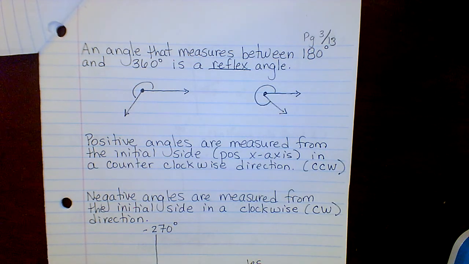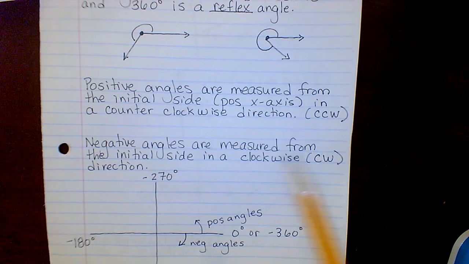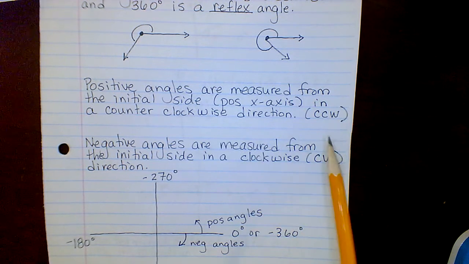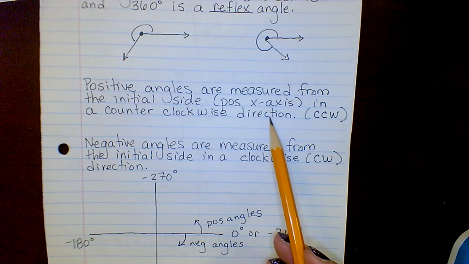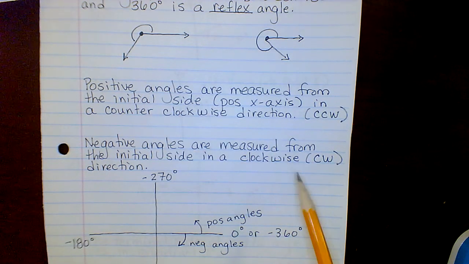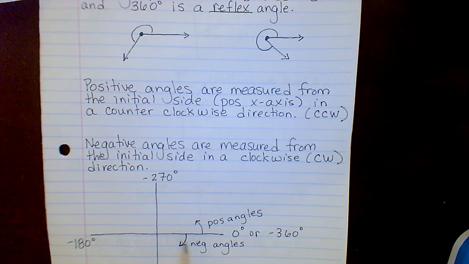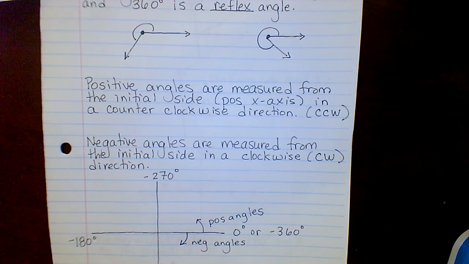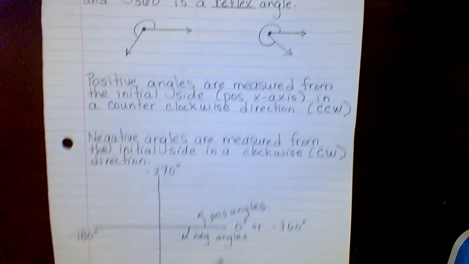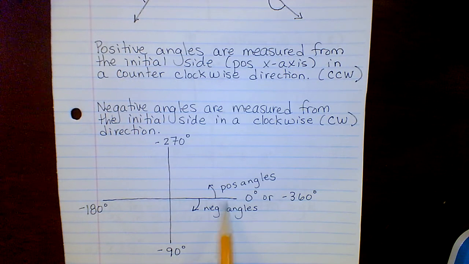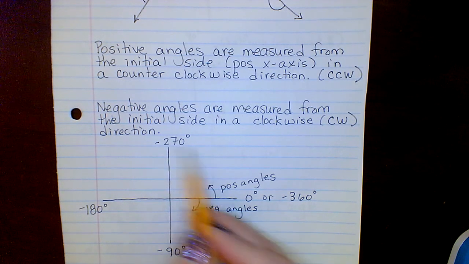Now, angles can be measured positive or negative. Positive angles are measured from the initial side, which we said is the positive x-axis, and they're measured in a counterclockwise direction. So it means that we're going to go up and around. Negative angles are measured from this initial side down in a clockwise manner.